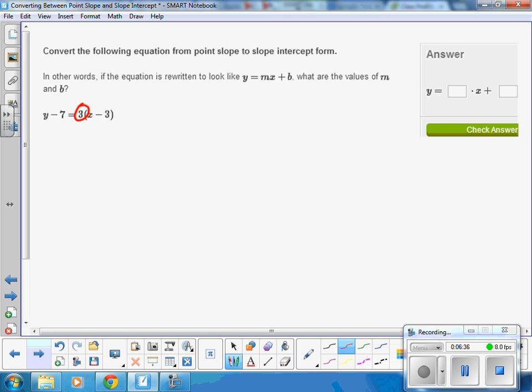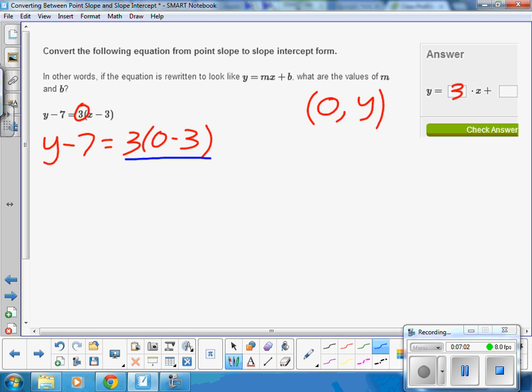Slope, slope. My intercept is where x is 0. Okay, I am going to do this math.